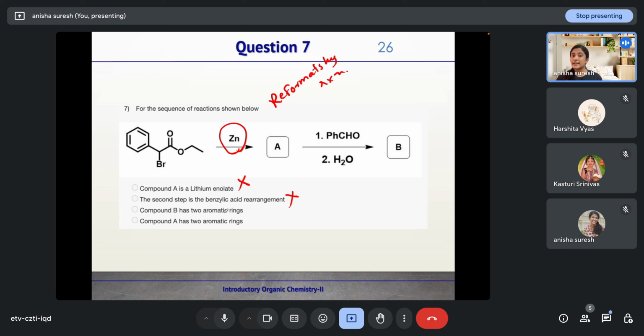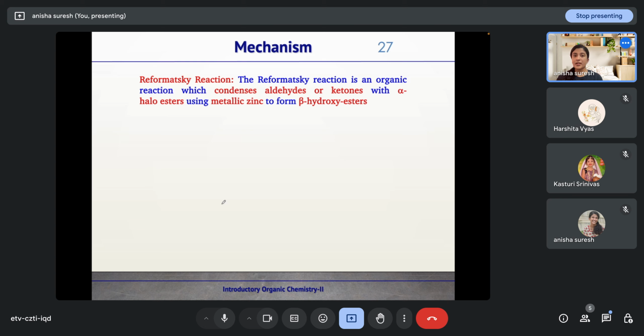So we will see which is the right answer. Compound A will be just a zinc enolate, so only one aromatic ring will be present in that. So compound A has two aromatic rings is false, and compound B has two aromatic rings will be the right answer. We will see it after seeing the mechanism.